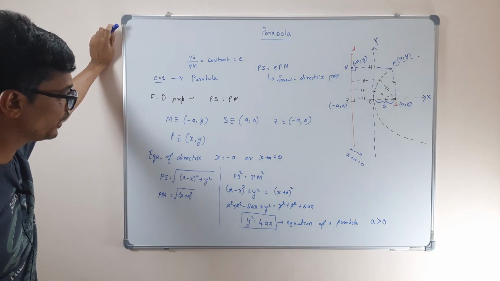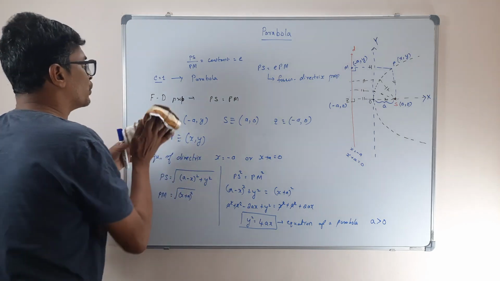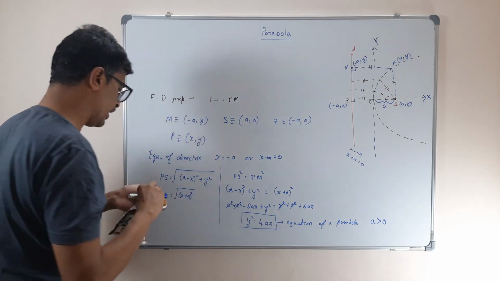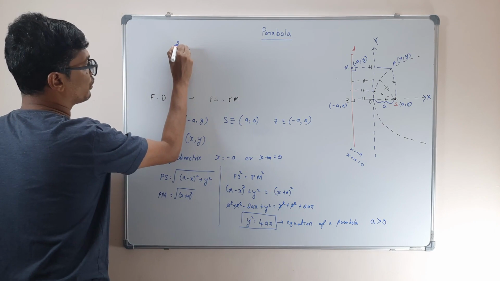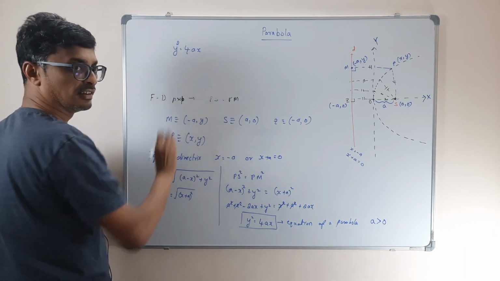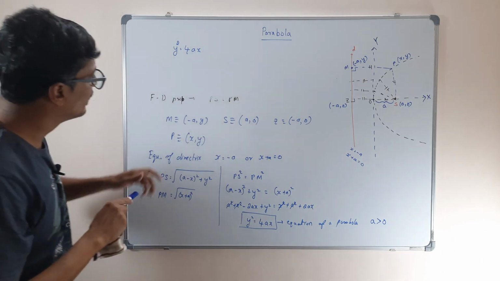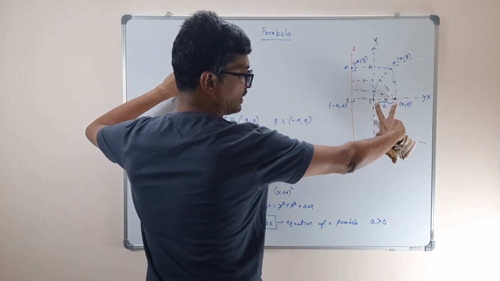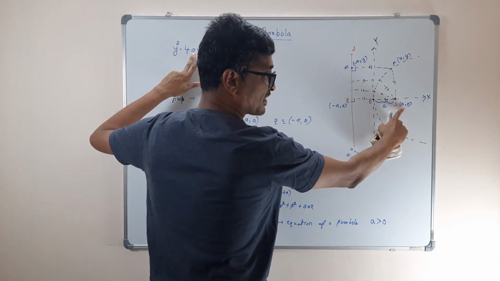So all you have to know is, for the equation of a parabola in general, what happened? The general equation of a parabola is what? When you write y square equal to 4ax, by seeing it itself, you can say this a should be the coordinate of your focus.